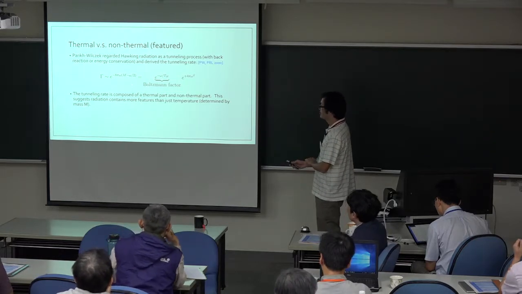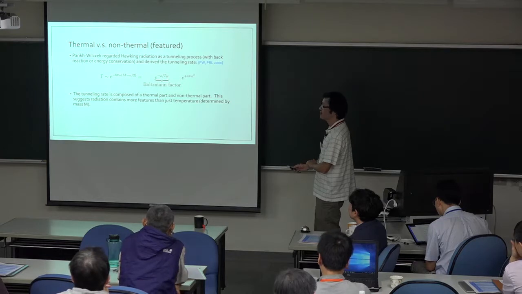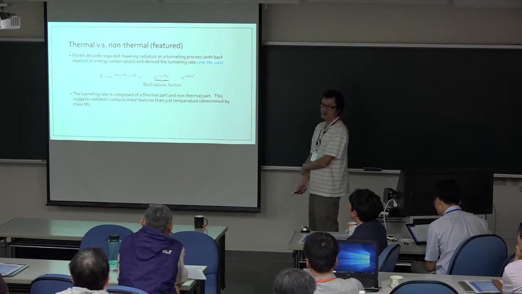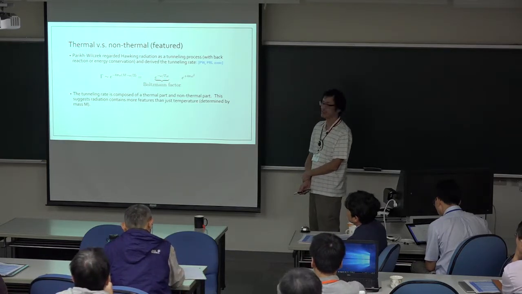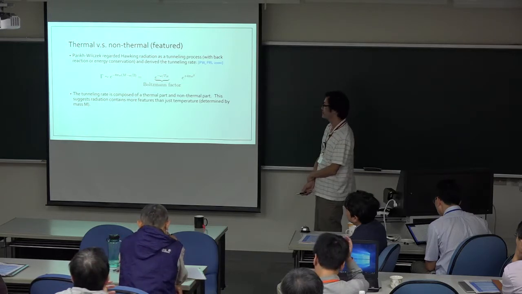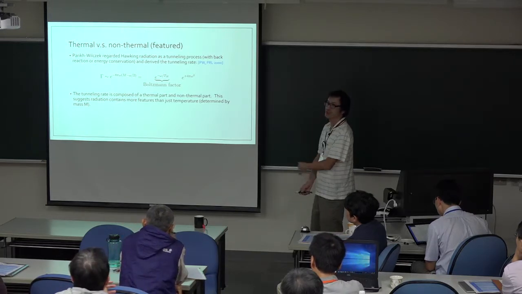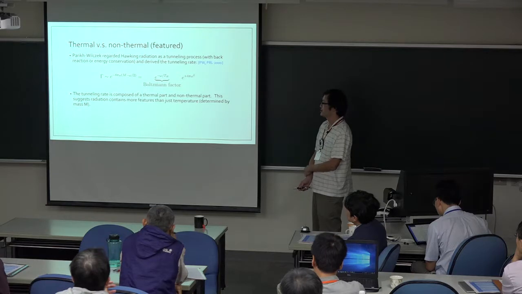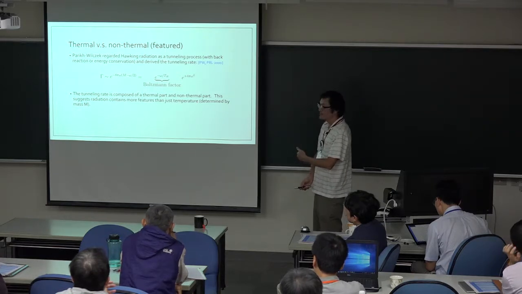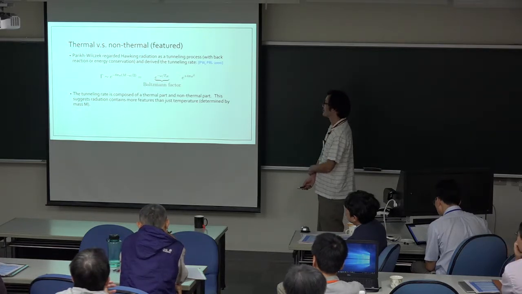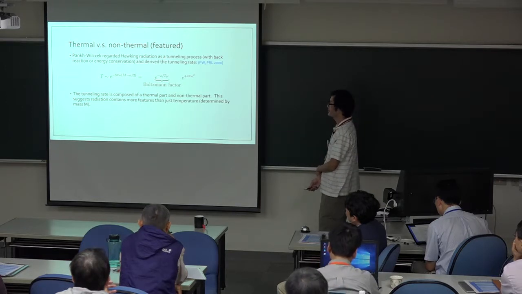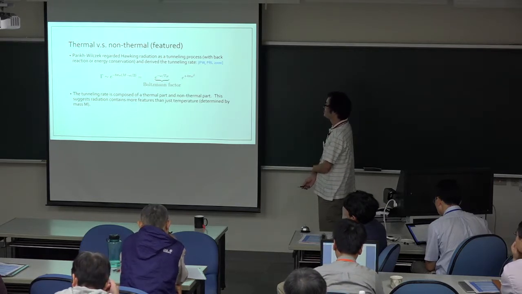And then you can decompose it into two parts. The first part is easy to identify. It's a Boltzmann factor, so that's the thermal part of the radiation, which was of course derived long ago in many ways, including the tunneling picture before.